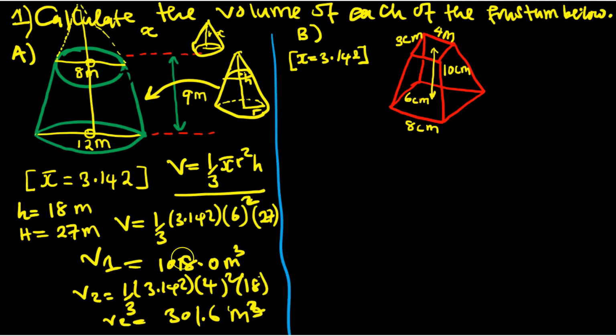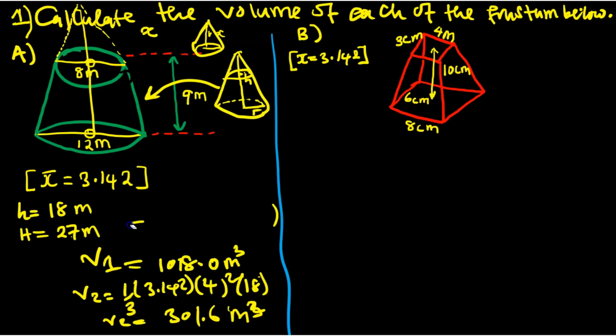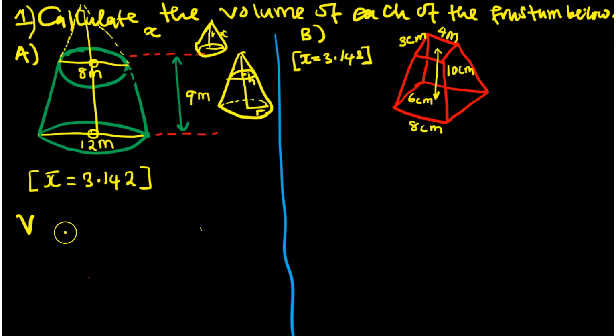So confirm the volumes that we found. Now after we found these volumes, what are we going to do? We are going to subtract volume 2 from volume 1. So in order for us to find the volume of the frustum, we subtract volume 2 from volume 1. Volume 1 was 1018.0, minus volume 2, which is 301.6.